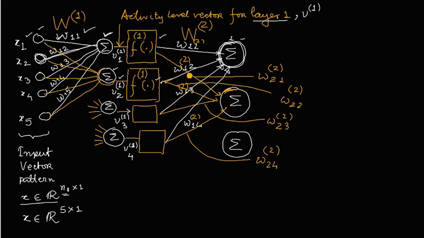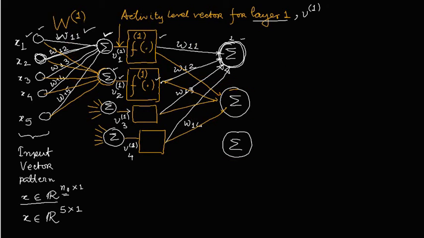This should be given superscript 2. Here should be given superscript 1, in the first layer, superscript 1. So this will be represented as a matrix with superscript 2. This will be represented as a matrix with superscript 1.